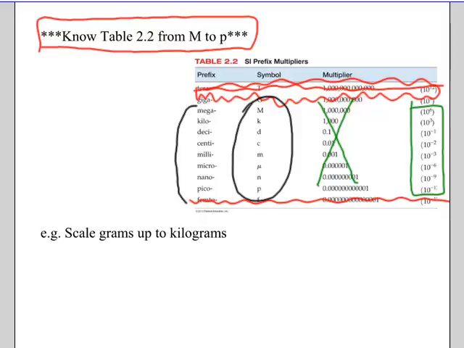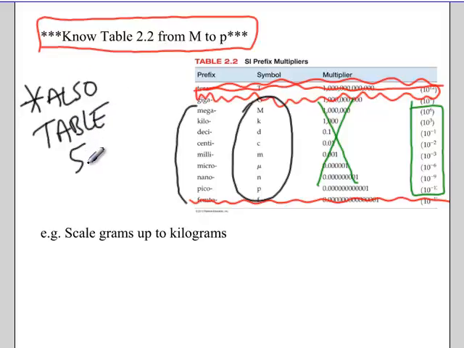This is one of the things that you need to know. You're also going to be responsible for table 5.3, which obviously is found later on, but these are the two big things that you need to memorize. Table 2.2 and table 5.3.